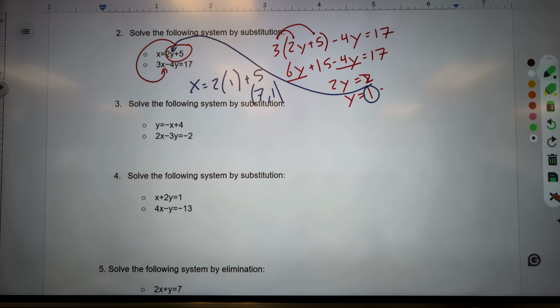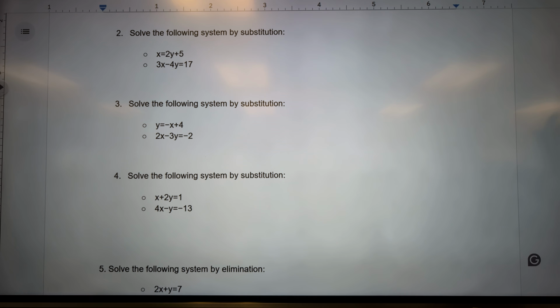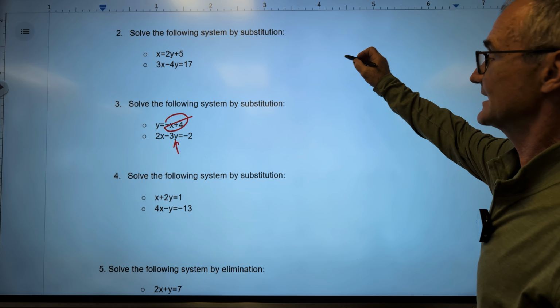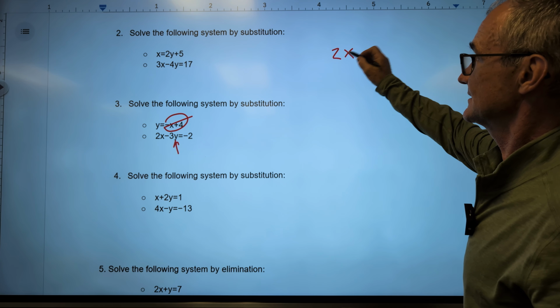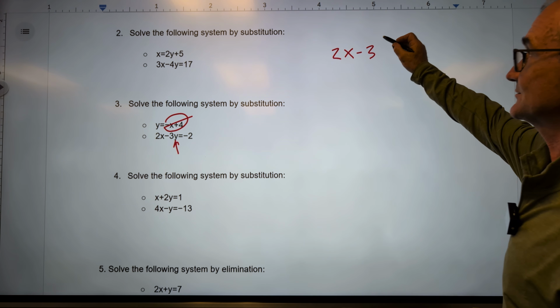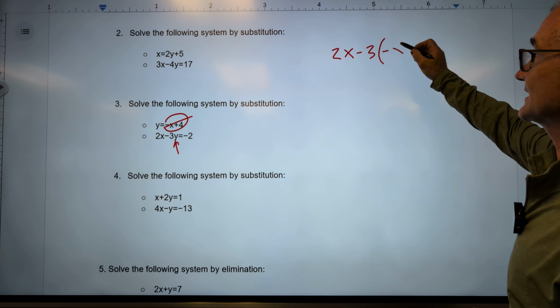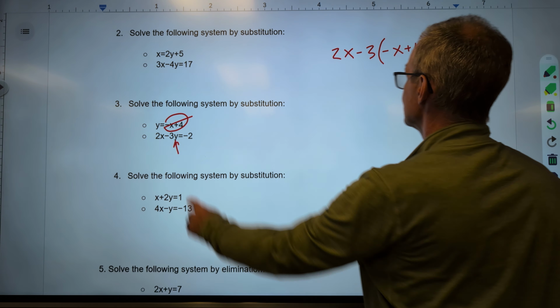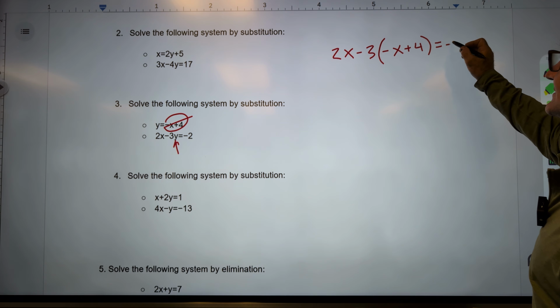Okay, let's do the next one also by substitution. Y is equal to negative x plus 4. I'm going to take that and plug it in here for y. So I have 2x minus 3 times y. Remember to use parentheses here. Negative x plus 4. And then that is equal to negative 2.